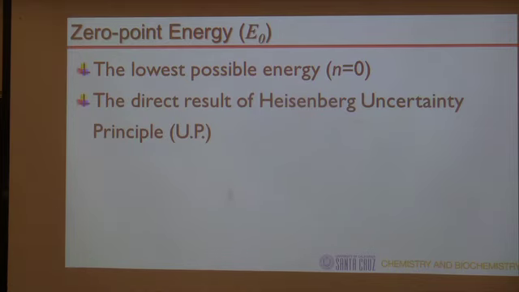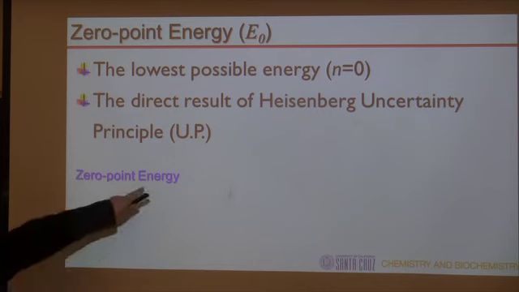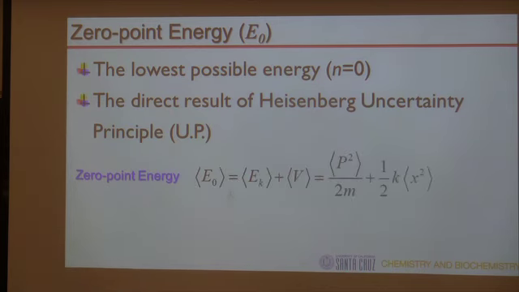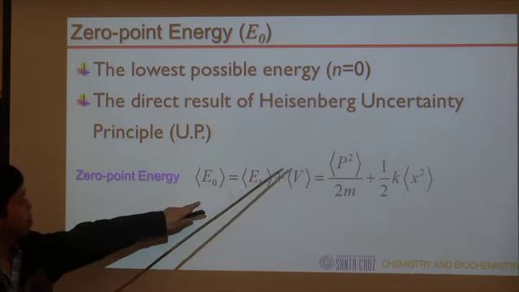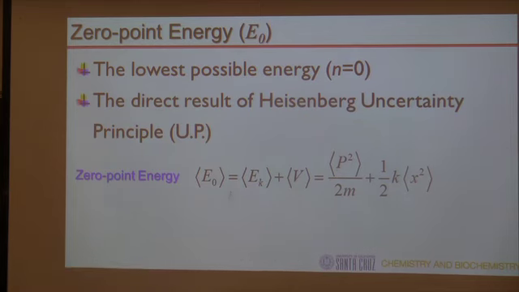direct result of the Heisenberg uncertainty principle, but why? All right, did you get the question? Do you think you get the question? Let's do it. For zero-point energy, we don't talk about energy here. Energy is composed of kinetic energy and potential energy. Here we use an average value.